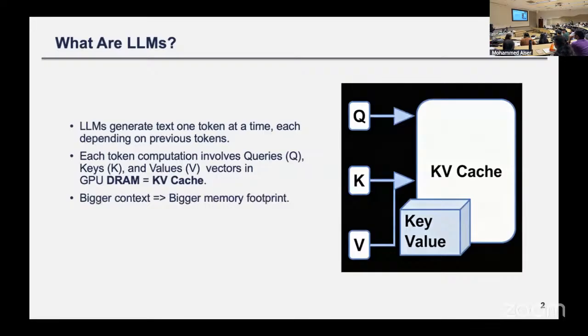Now, let me ask you a question. Have you ever noticed that as we give longer inputs, it takes more time to give the answer to us, right? Do you know the reason behind it? Does anyone know why it takes longer for the longer inputs? Yeah. Answer is in the slide itself.